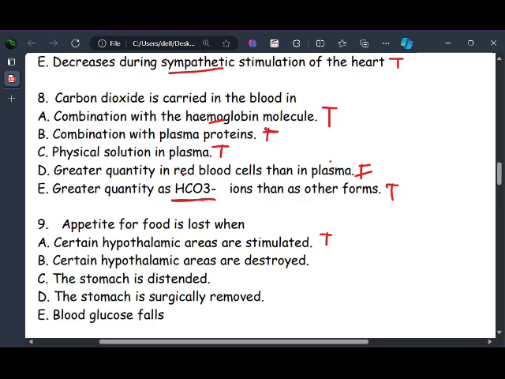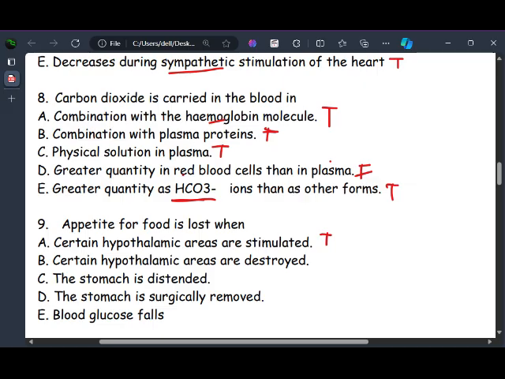So what does this entail? This entails that if certain areas in the hypothalamus are stimulated, and that area happens to be the satiety centers rather than the hunger centers, then it's going to be game over for you.